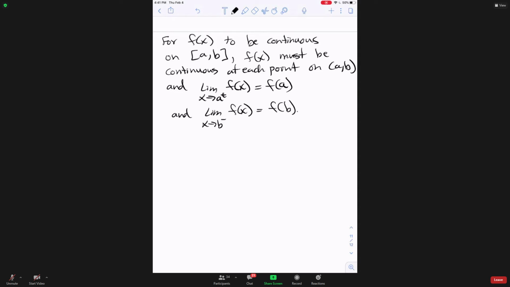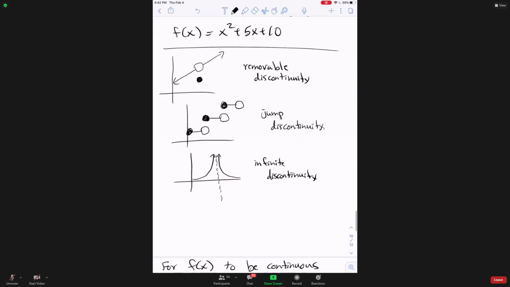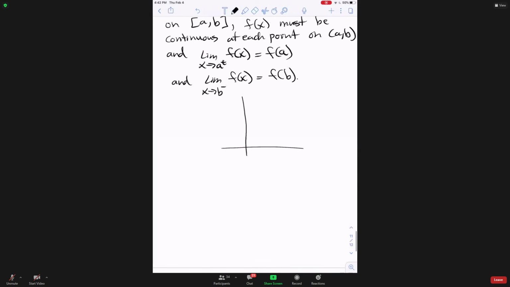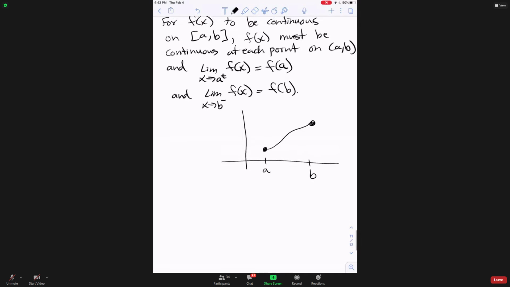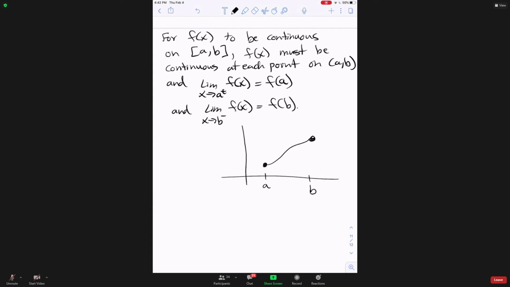Okay, so here's what's going on. For f of x to be continuous over this closed interval AB, all the way from A to B, it's got to be continuous at every single value that's inside AB here.